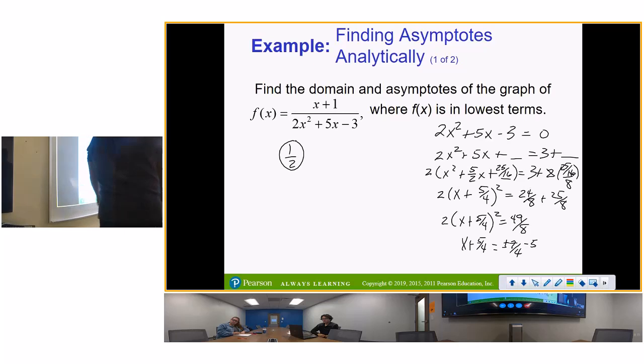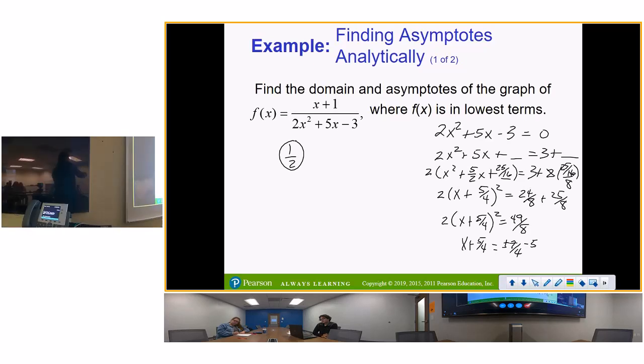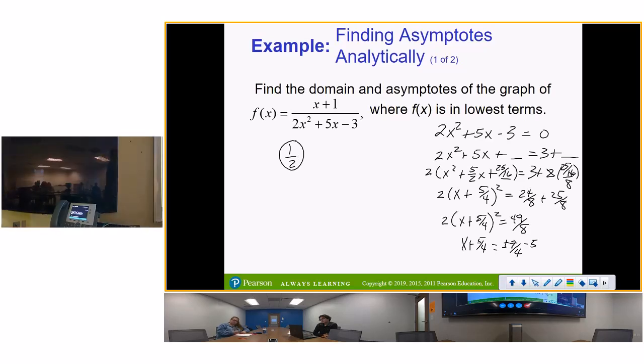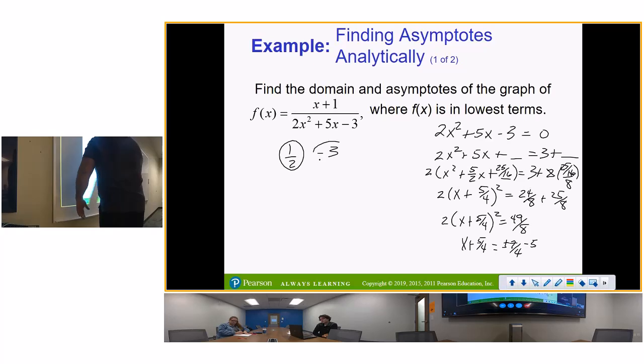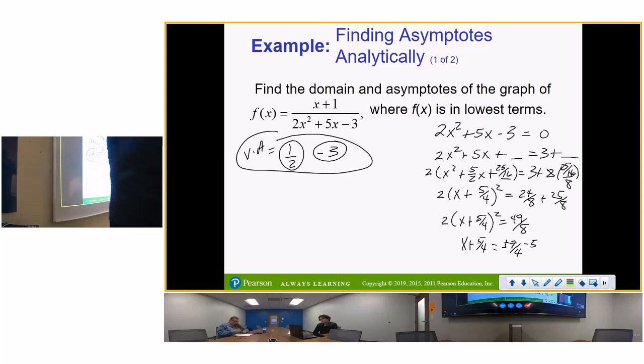That's one vertical asymptote. And then minus 7 minus 5, what is that? 12. And that's negative 3. So we know we've got vertical asymptotes at 1/2 and negative 3.